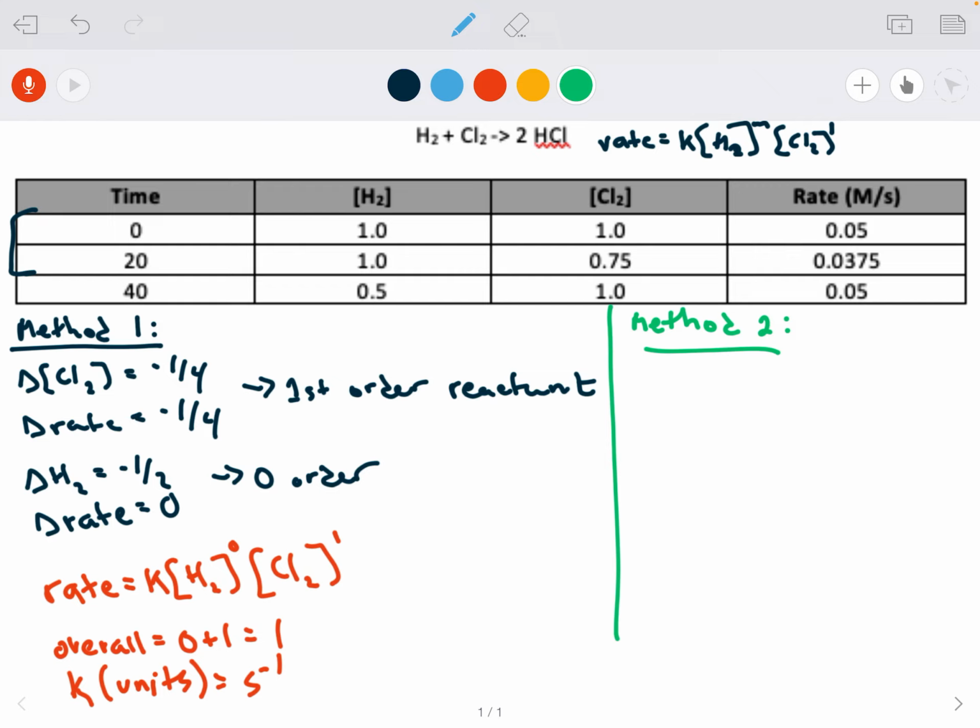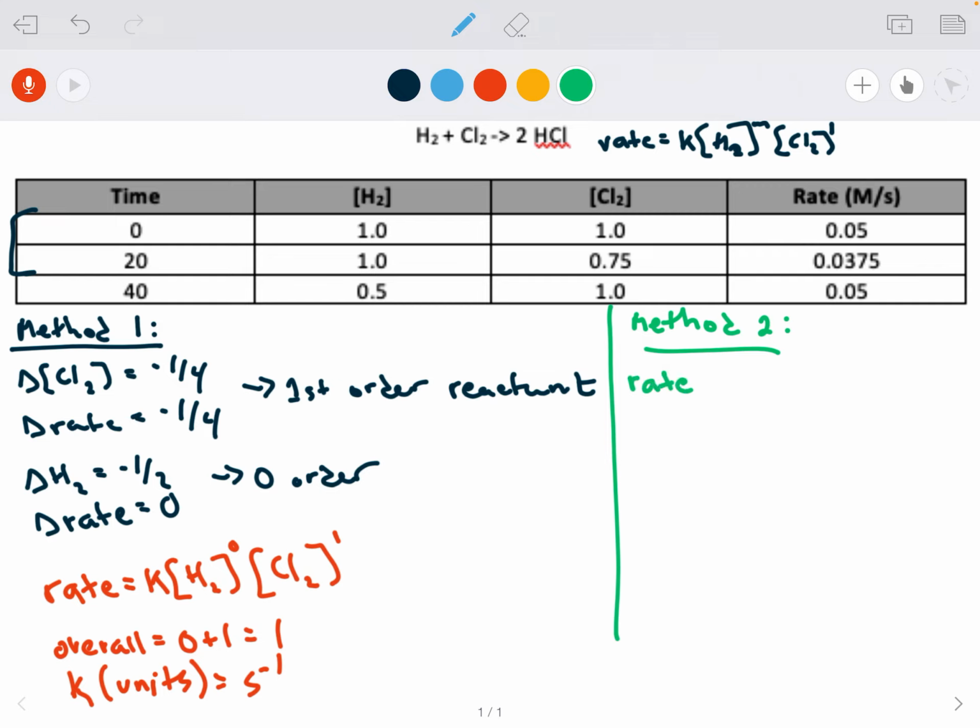Sometimes how much a concentration or a rate changes is not easily identifiable. It may change by like 0.38, which you can't tell. So what you can do is you can use a ratio, and this will always work. So I'm just going to plug in the same numbers for this ratio, and we'll get the same thing.